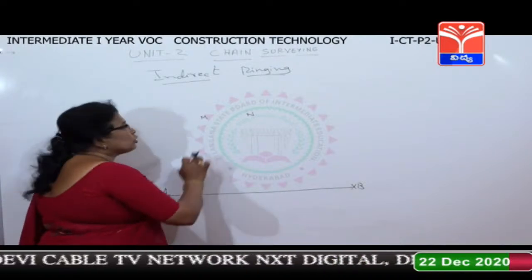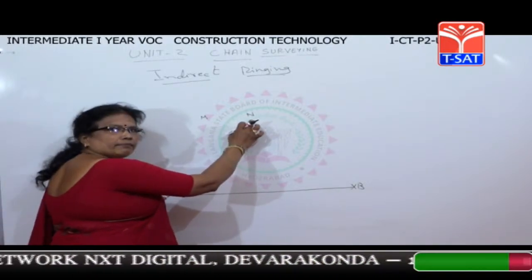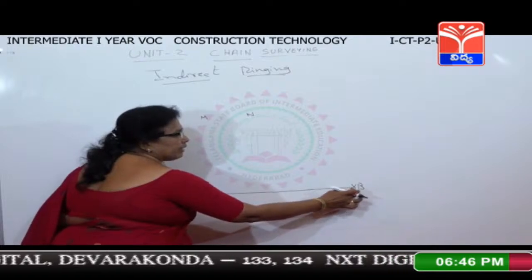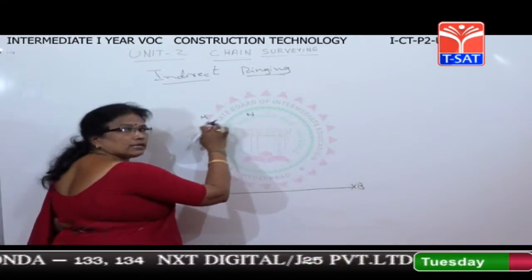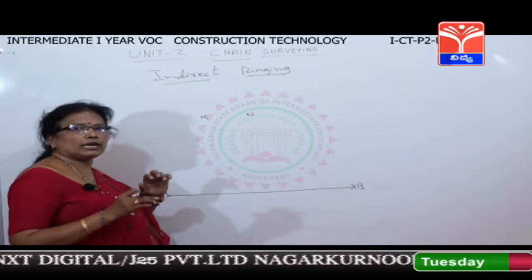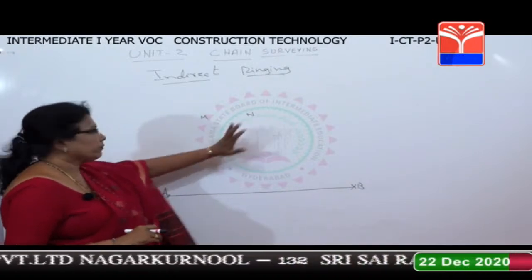The person near A should be able to see M and N, and the person near B should see both the points M and N. Like that, you have to select 2 points M and N.